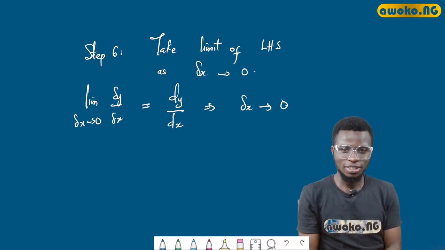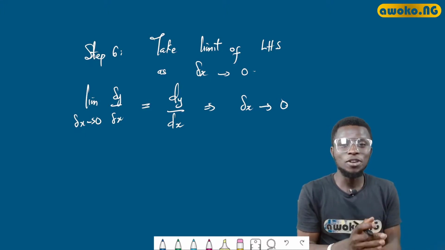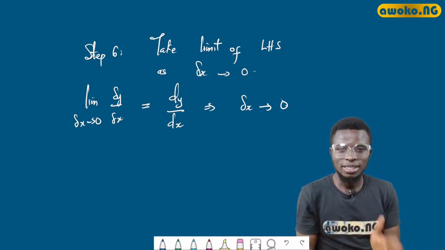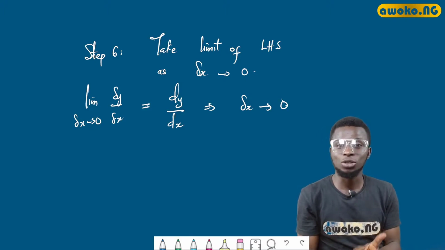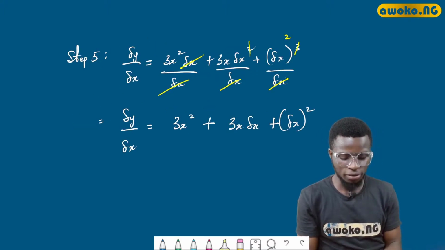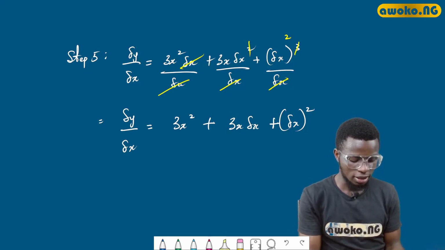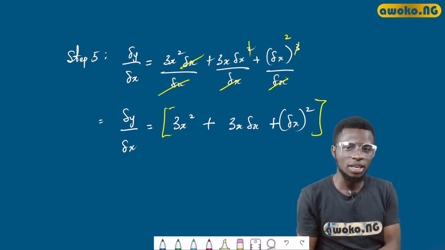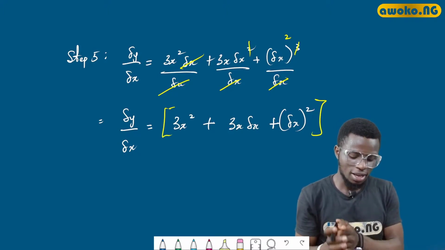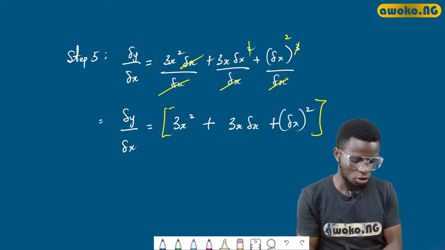So having said that, as soon as dx tends to 0, every other term that has dx on the right hand side tends to 0. Take note. So if we go to what we had here, as soon as we take the limit of this right hand side, every other value on the right hand side that has the dx term will tend to 0. So what do I mean?